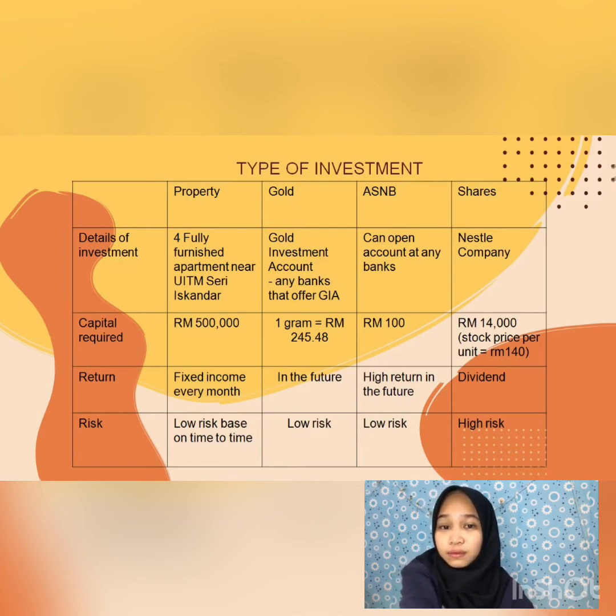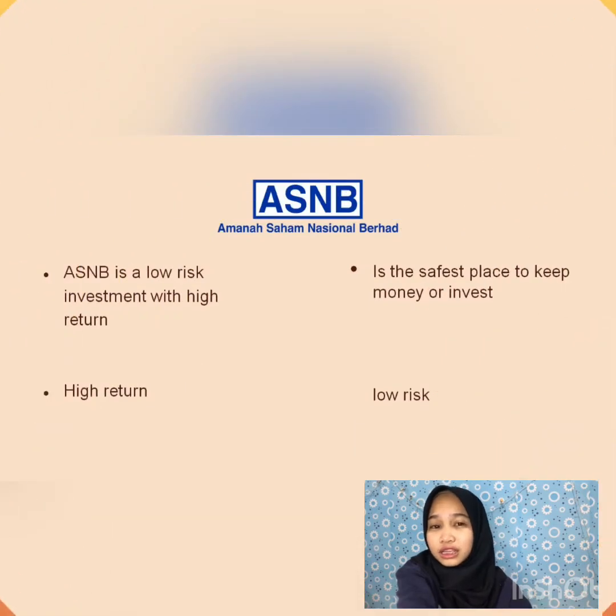But the money will only increase if we do not touch the capital or cash out the money. So ASP is a platform that gives us low risk but high return, and it is also the safest place to invest and save our money.